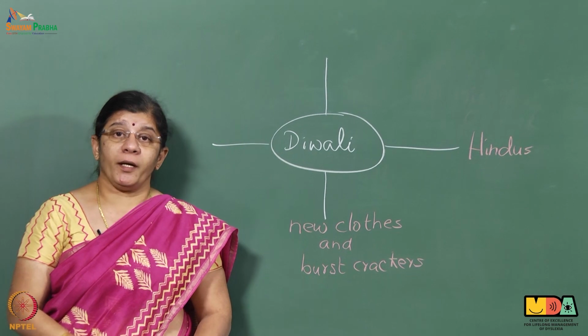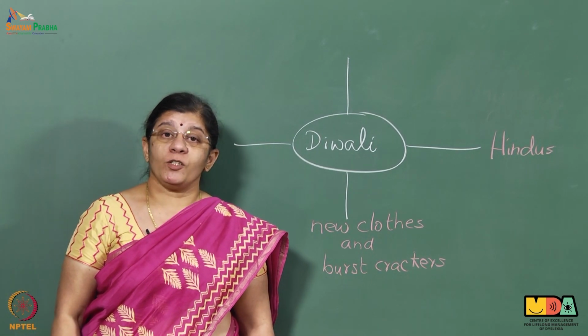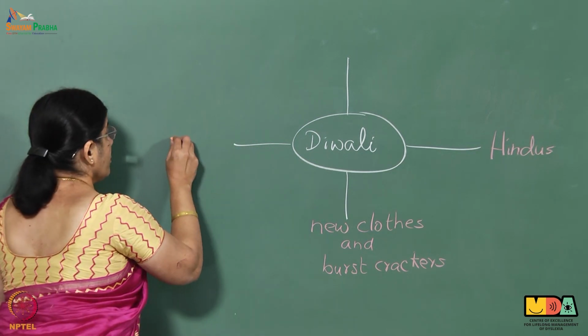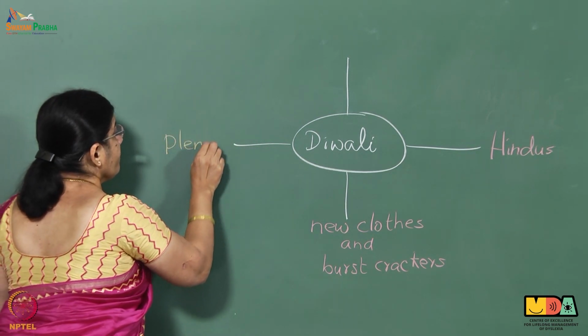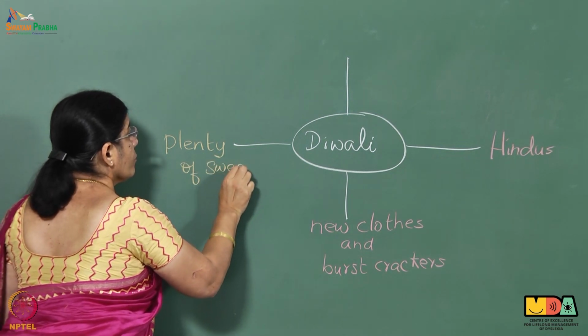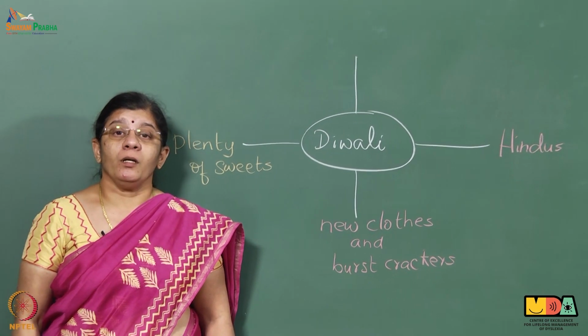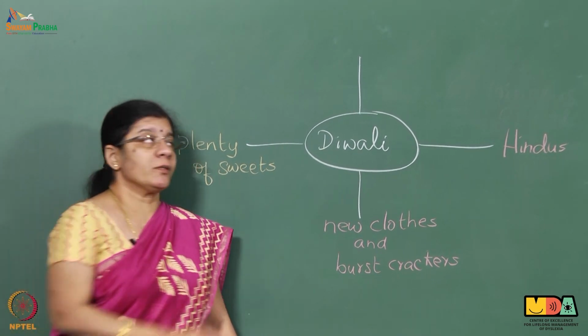The third idea the child would come up with will be plenty of sweets. Yet one more idea would be we would visit relatives.